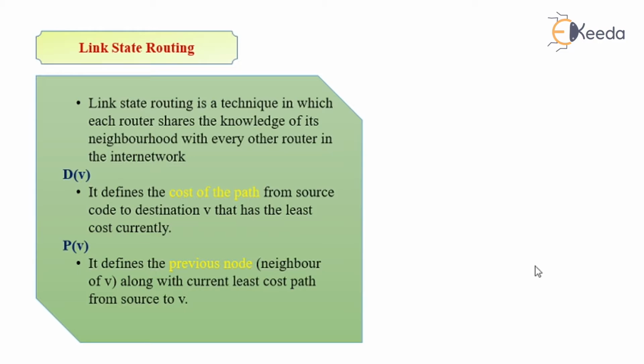So dv is the cost of the path and pv is the information of the previous node in the communication. So one router is telling me how much cost it consumed in transmission and what was the immediate previous node used in transmission.